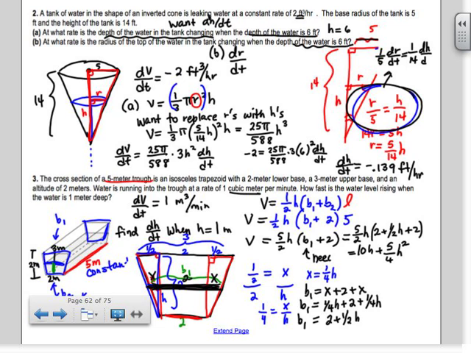So 1/5 dr over dt equals 1 over 14 dh over dt. So if you've already solved for dh over dt, you're just going to do 1 over 14 times that. Wish I had my exact answer in here still.